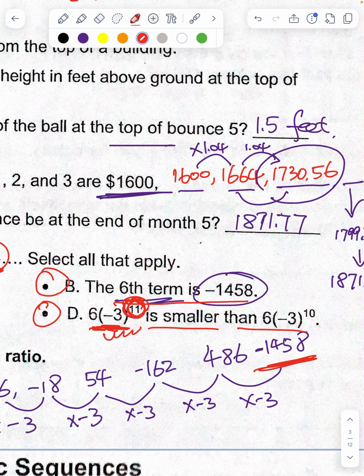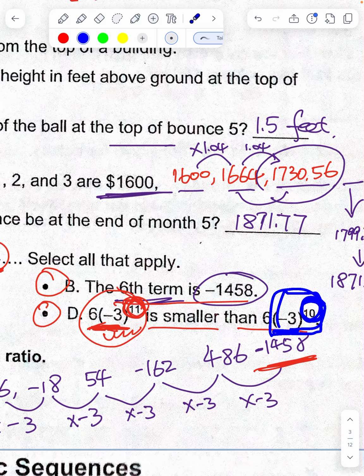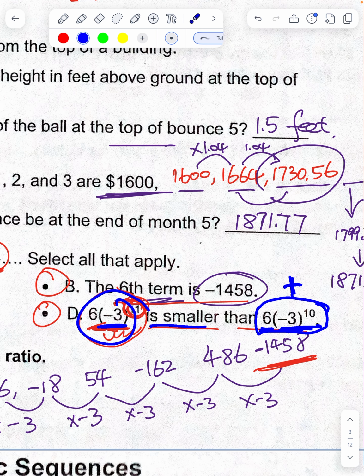But negative 3 raised to the 10th power, 10 is an even number, so that part is a positive number. The positive number times 6, which is also positive, makes the whole value positive. A positive number is always bigger than a negative number, so this one is smaller than that one. So it's correct.